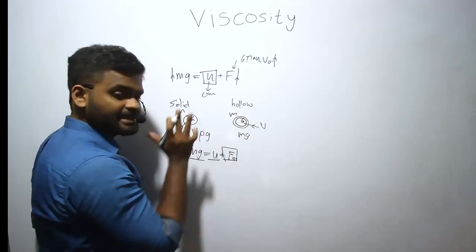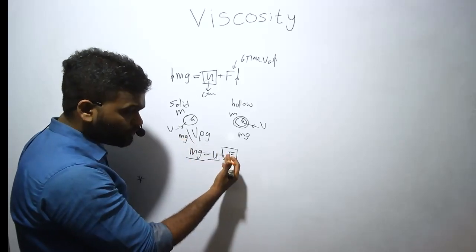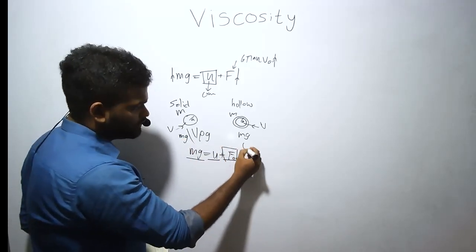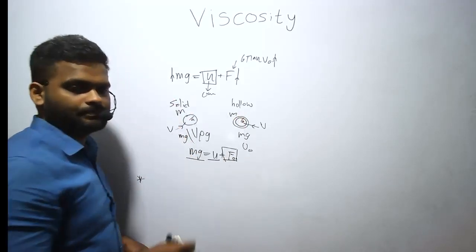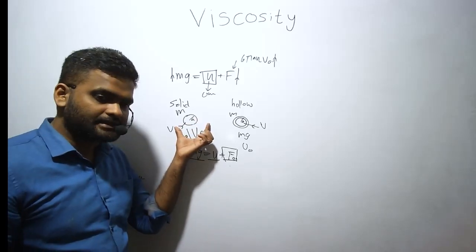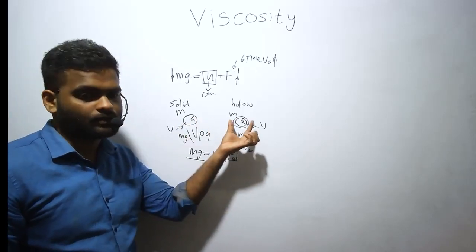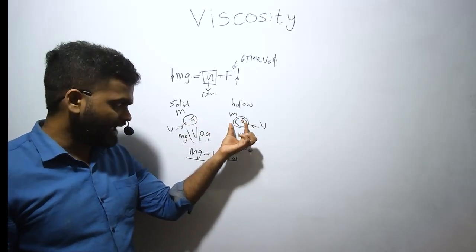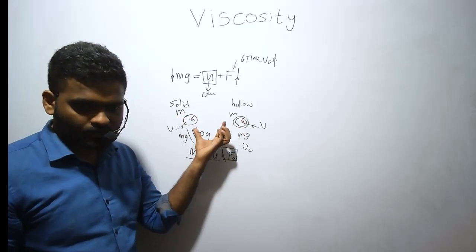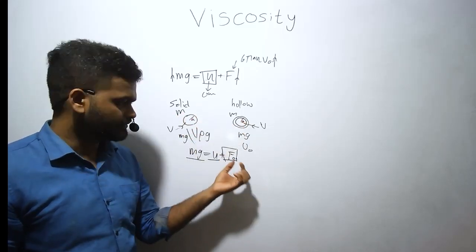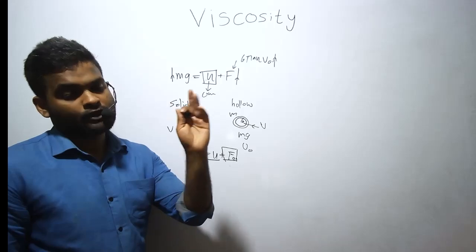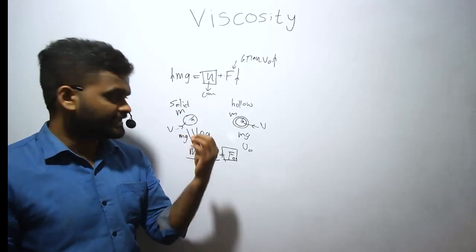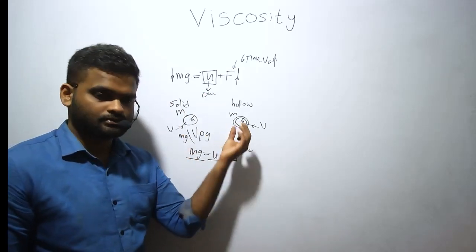If both have the same F naught, V naught also is the same. It does not matter that one is hollow. Understood?